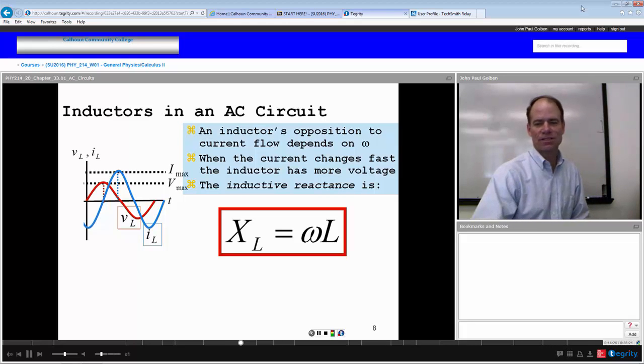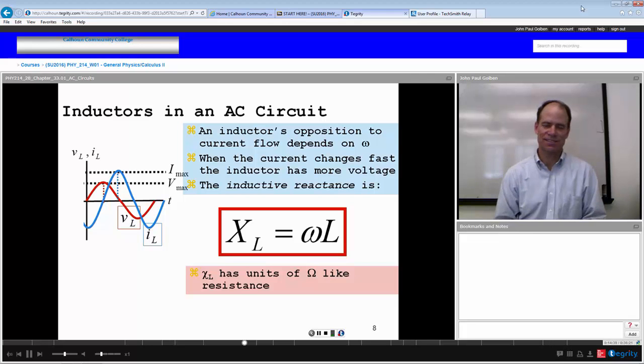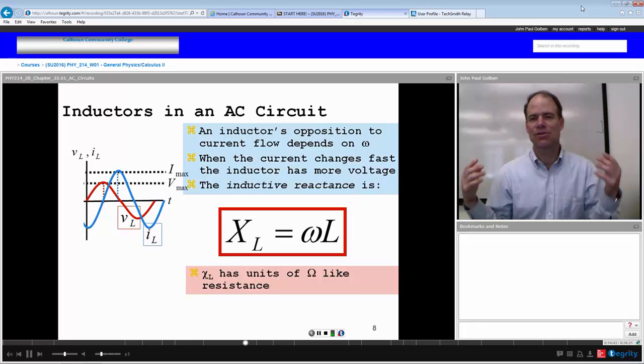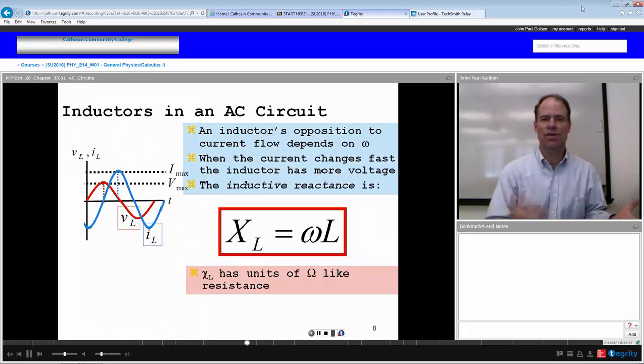The units of inductive reactance, X sub L, is equal to radians per second times henries, and that turns out to be ohms. So the inductive reactance has the same units of ohms, and in a sense it's doing something similar to resistance. It is opposing the flow of current.